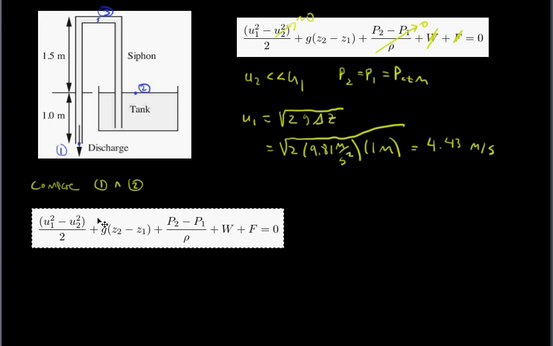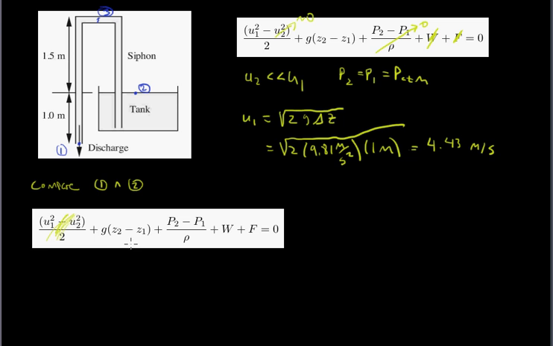If we're comparing those, what can we cancel out? We can cancel out the velocity, because we know that the velocity is going to be constant throughout that system. Just pretend that this is U3, not U2.